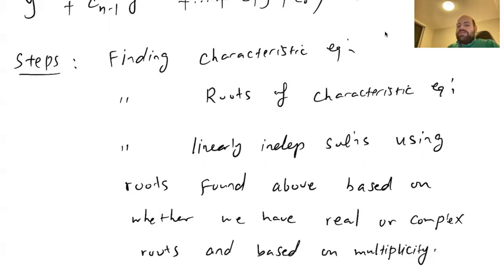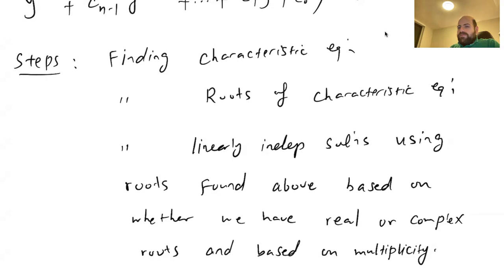For example, we saw that if you have a simple real root with multiplicity 1, let's say if r equals 5, then e to power 5x would be one of the solutions. If you have a real root with multiplicity more than 1, for example, 5 and 5, then e to power 5x and x times e to power 5x will be the linearly independent solutions corresponding to those roots.